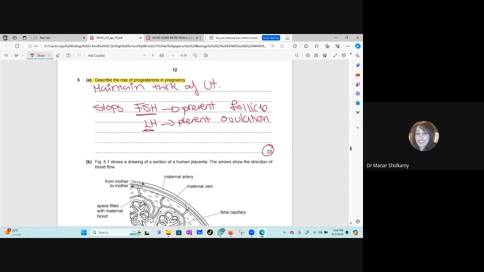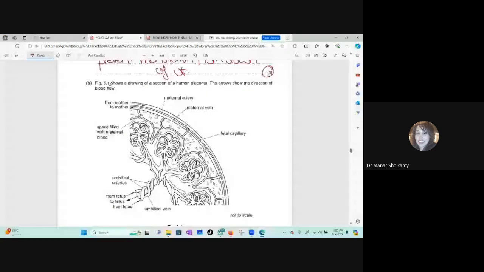What happens when the progesterone levels drop? Menstruation happens. Exactly. So the role of progesterone is that it will prevent menstruation. It will prevent breakdown of the what? Endometrium. Yeah, very good. It will maintain pregnancy.